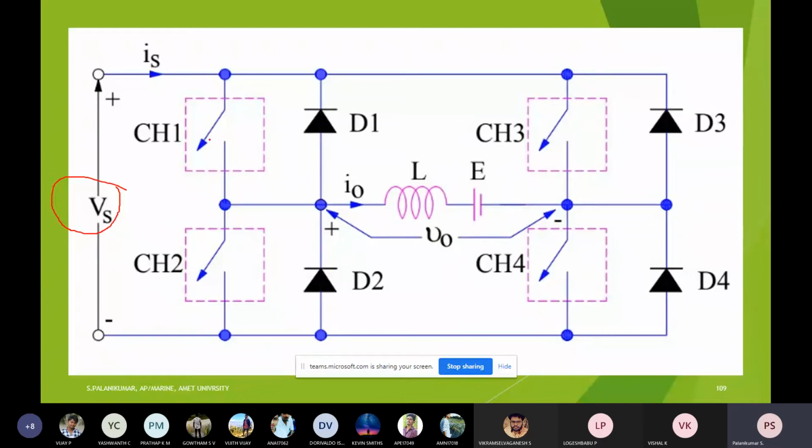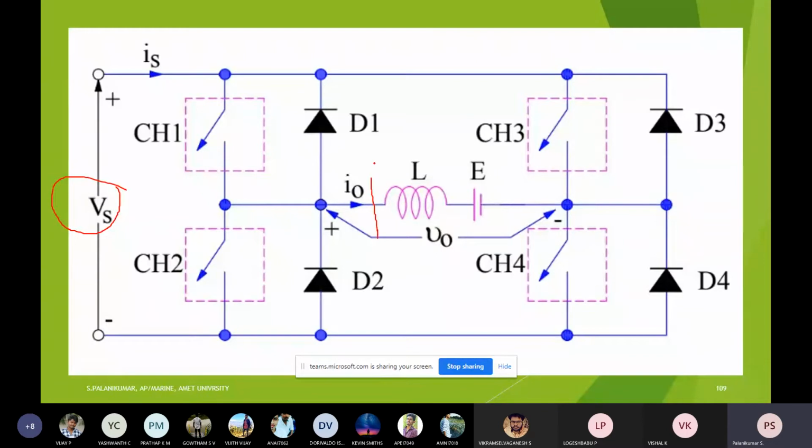Chopper 1 is for the first quadrant operation, chopper 2 is for the second quadrant, chopper 3 is for the third quadrant operation, and chopper 4 is for the fourth quadrant operation. Here I have connected the equivalent circuit of my motor.